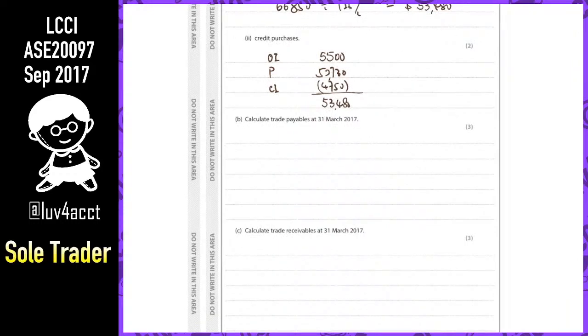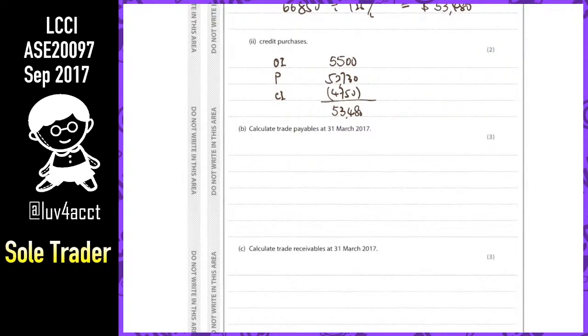Next, we have trade payables. We have opening balance, add purchases, minus the payment. Then we have closing balance.